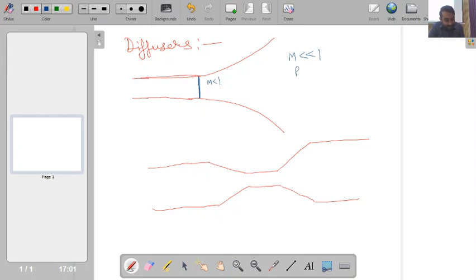This is the reason P infinity at the exit will be nearly equal to P naught infinity, and mostly we want our exit to be at 1 atmospheric condition.